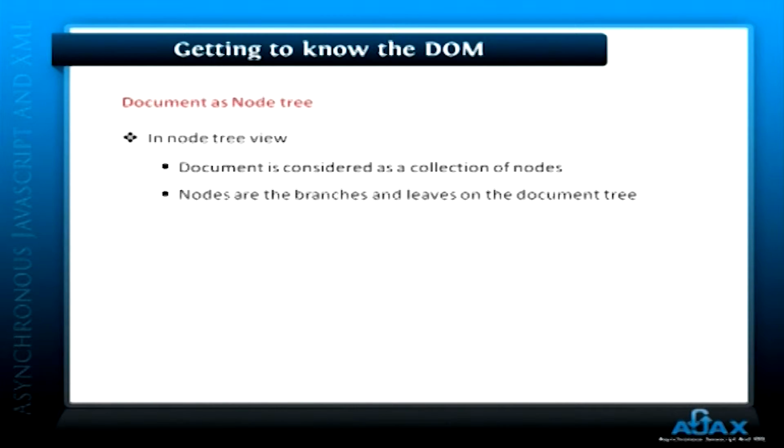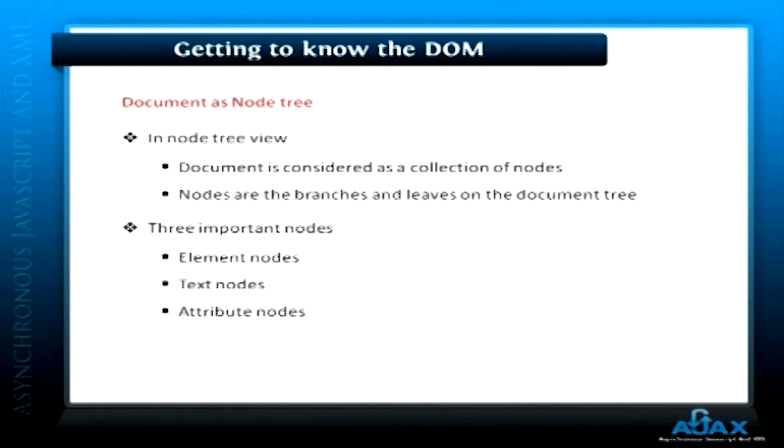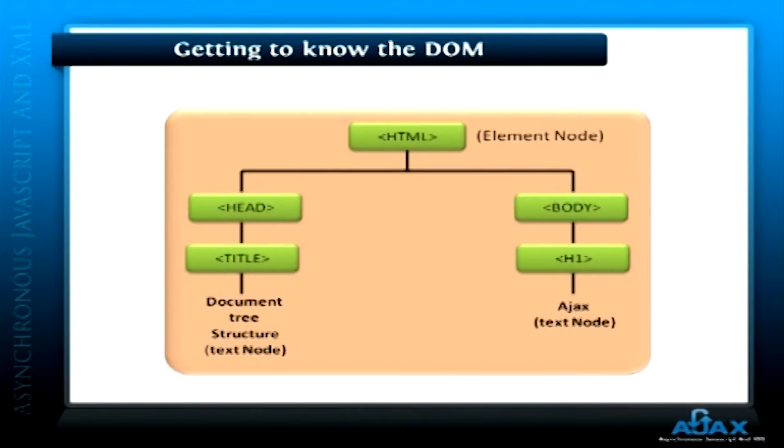Of these, we have three important nodes, and they are element nodes, text nodes, and attribute nodes. Now you can see here, this is how the web page looks in terms of DOM nodes. See? These are the element nodes, and these two are the text nodes. I hope you understand this. Now let's see the accessing methods of DOM in our next lesson.